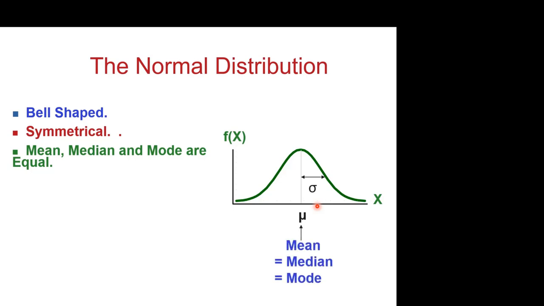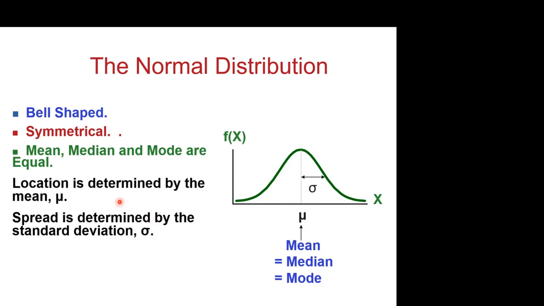We have looked at these features earlier in the earlier course, Statistics 1, where we said that the normal distribution has the mean, median, and mode basically the same as each other. The location is determined by the mean value, denoted by mu, and the spread is determined by the standard deviation, sigma.